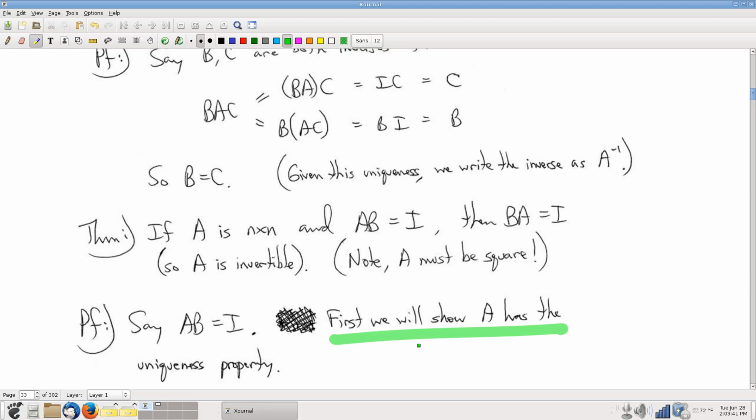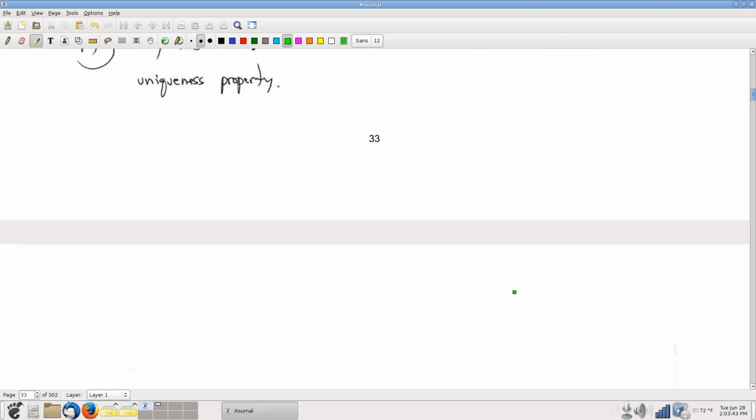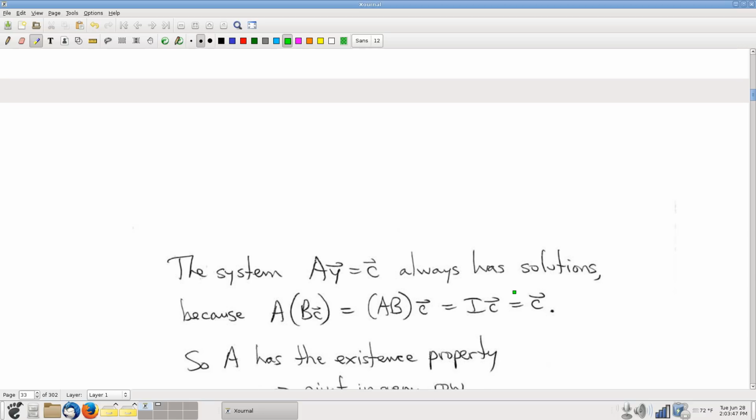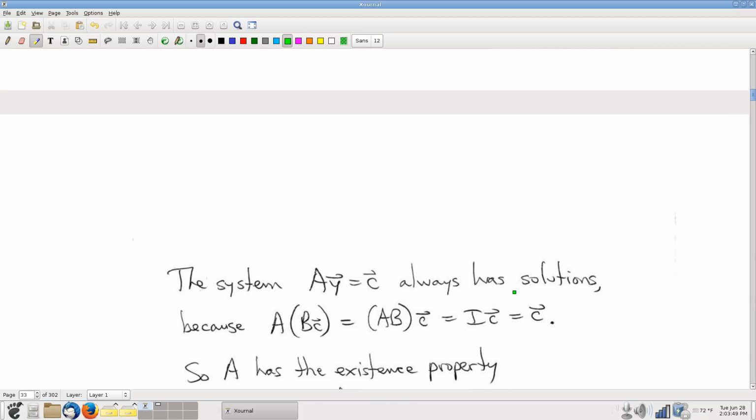Okay. So, here's what we know. I'm going to start with this assertion that this system always has a solution. Not immediately clear. Now, how do I know that this system always has a solution? Well, I'm going to show it always has a solution by explicitly finding the solution.